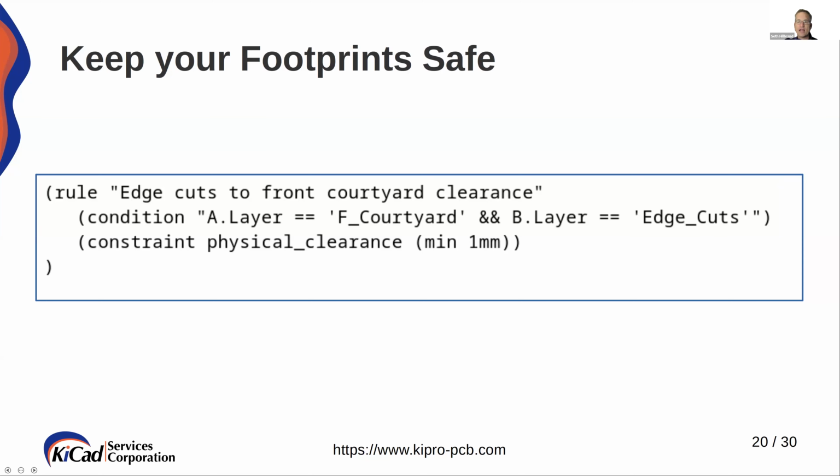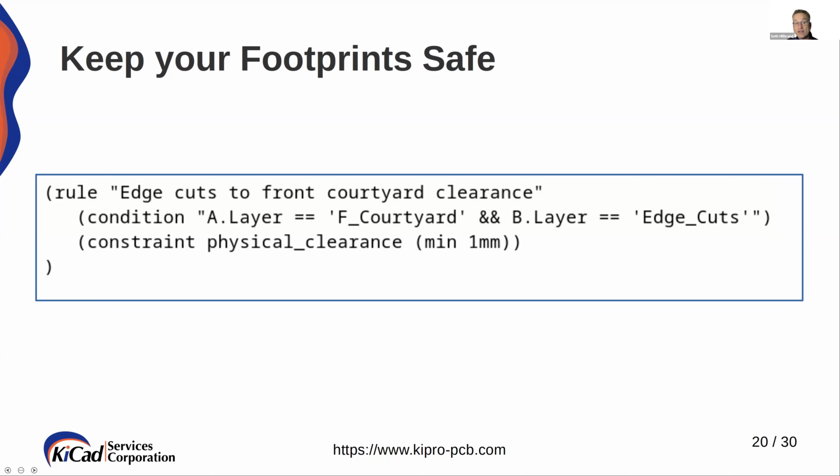You can pick whatever you like here, 2 inches, 4 inches, setting the physical clearance constraint. Again, physical clearance here because these are not electrical elements. The courtyard layer is not electrical, and the edge cuts layer is also not electrical. You can set these here to force you as the designer to remember to keep your footprints at least a specified distance away from the board edge.